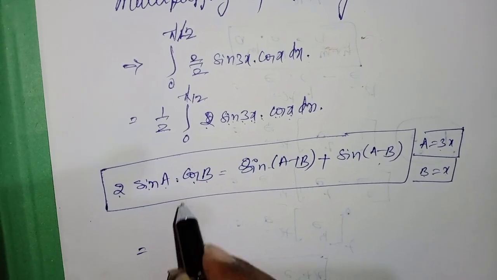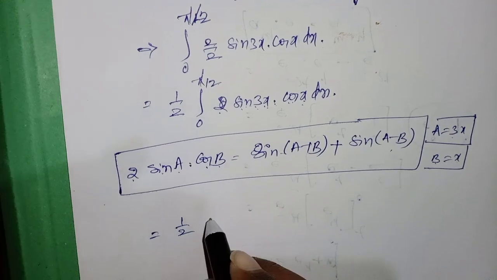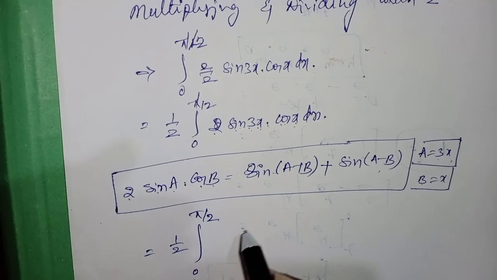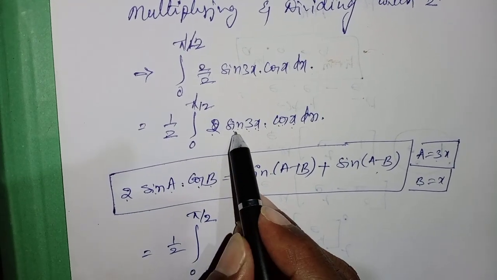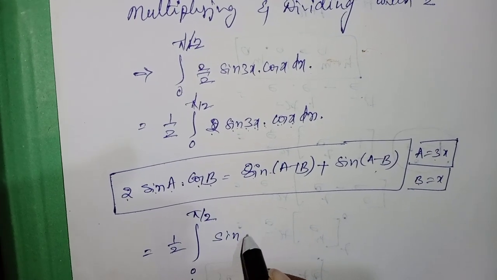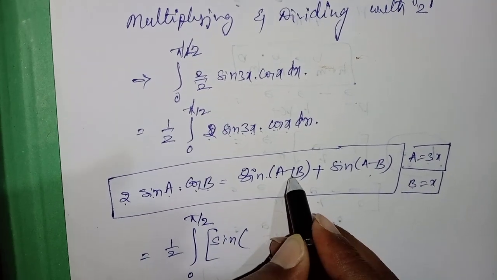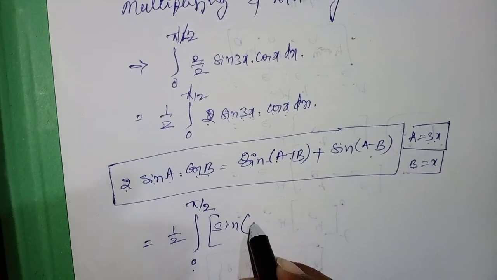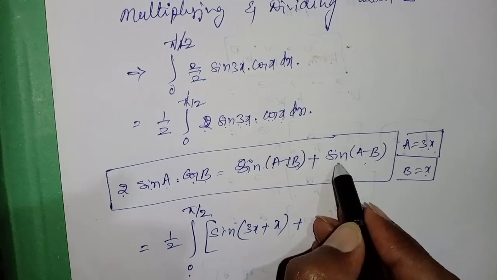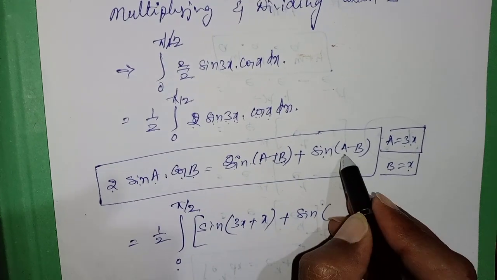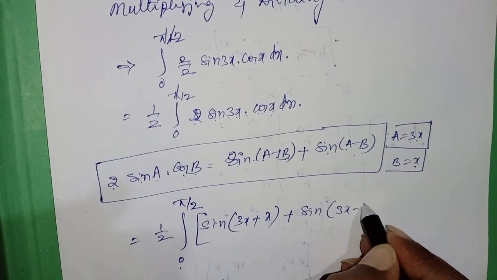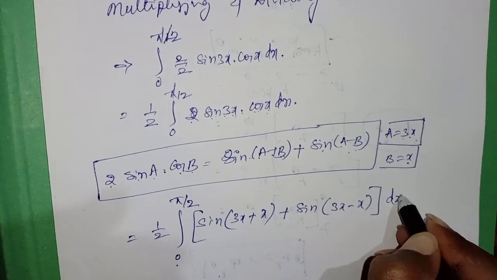Before that, it has 1 by 2, so 1 by 2 into integral 0 to pi by 2. Now instead of 2 sine 3x into cos x, substitute in the formula sine of A plus B, but A is equal to 3x, so 3x plus x, plus sine of A minus B, that is 3x minus x, whole into dx.